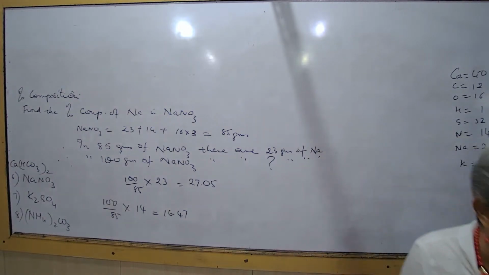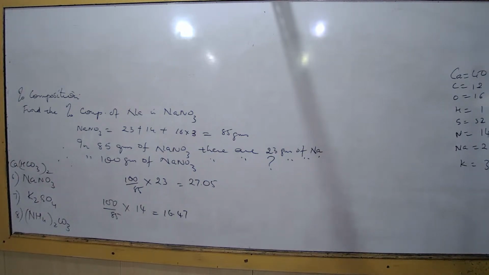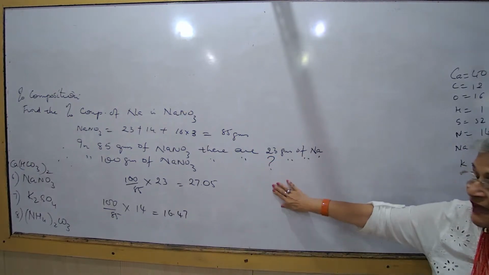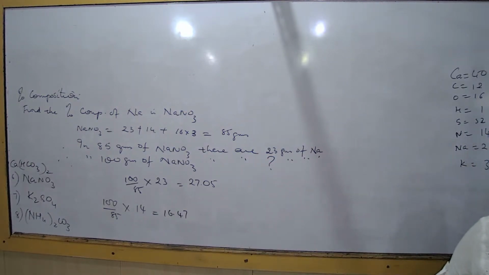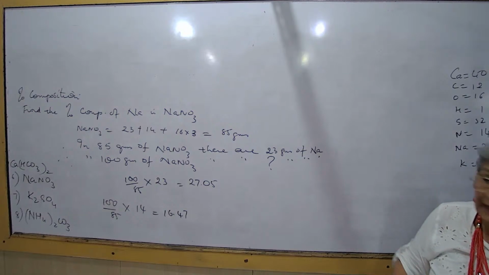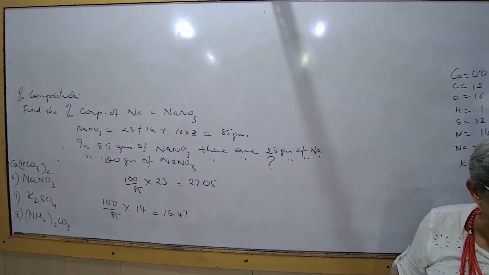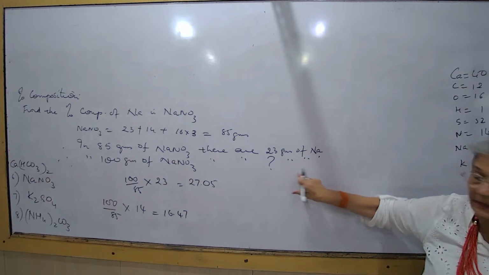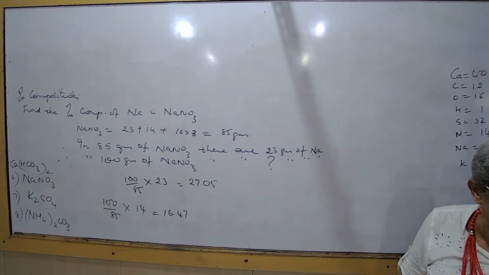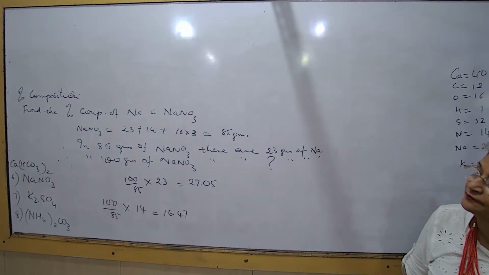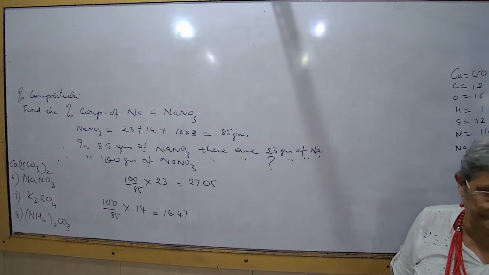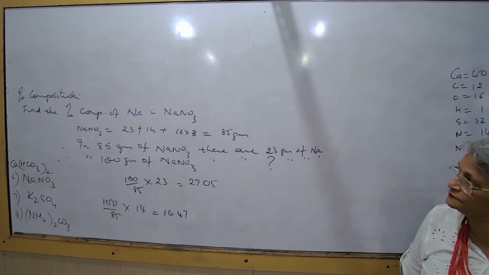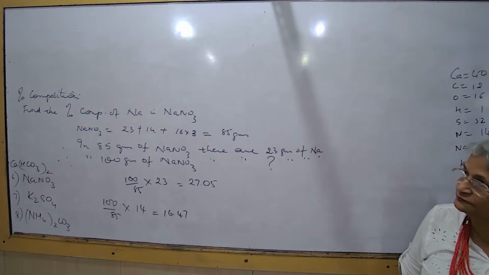Tell me how much the percentage you calculate for oxygen. Give me this proportion, the statement that I gave you. Give me the statement first for oxygen. In 85 grams of sodium nitrate, there are 48 grams of oxygen.